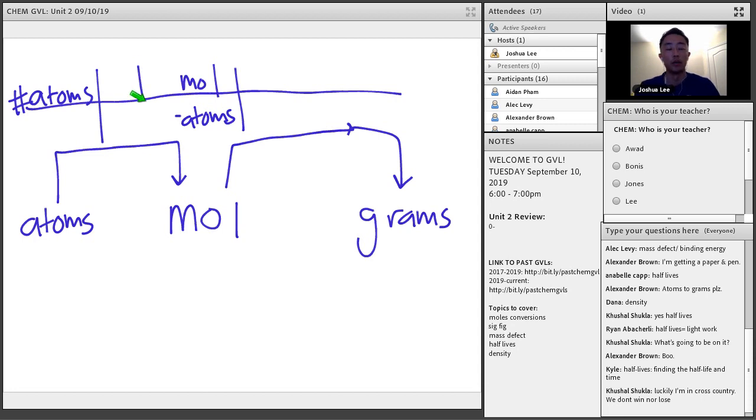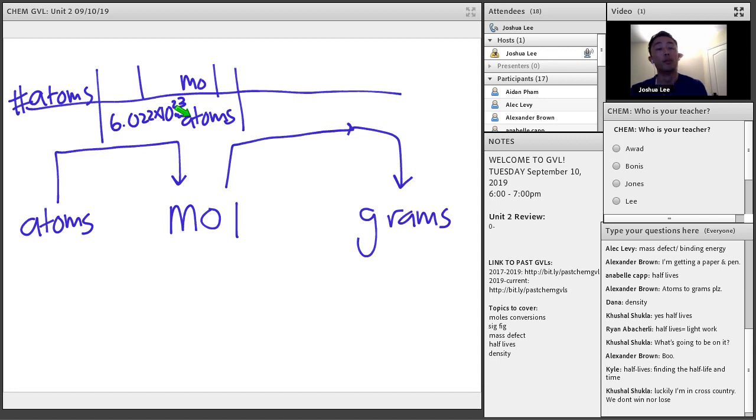The mole will get a 1 because for every 1 mole, that's how many particles there are. It's like saying 1 dozen is 12 things. So if you have 1 dozen atoms, then you have 12 atoms. Then down here, it'll always be 6.022 times 10 to the 23rd.